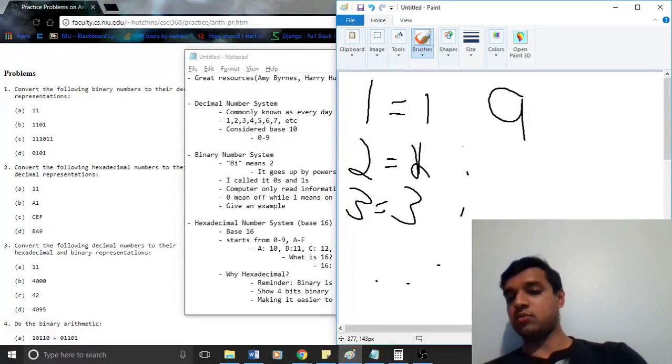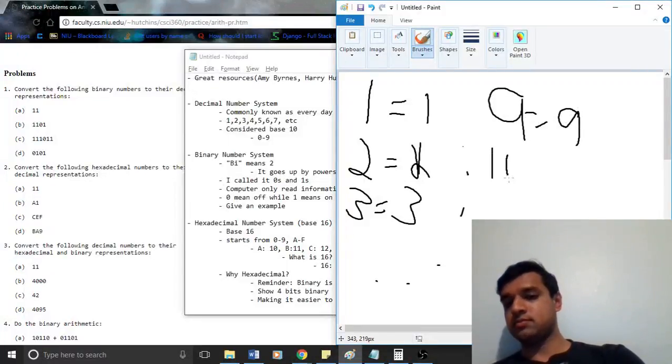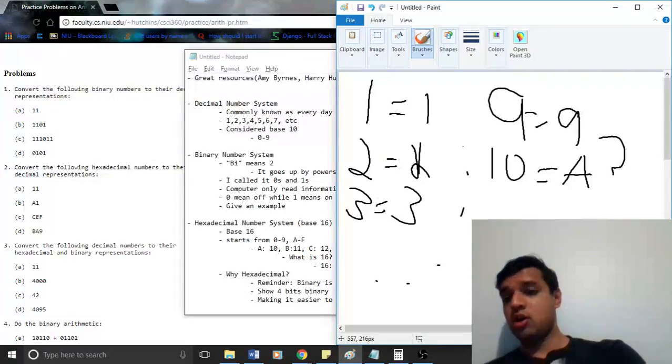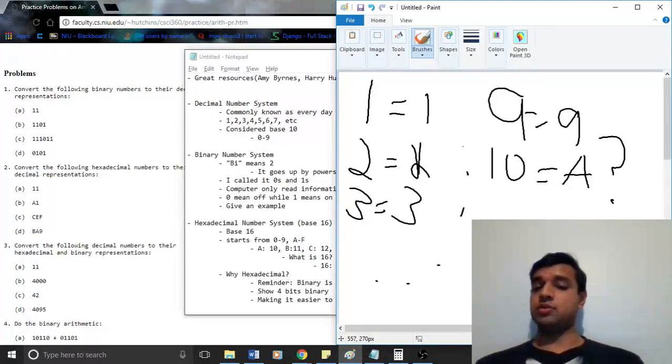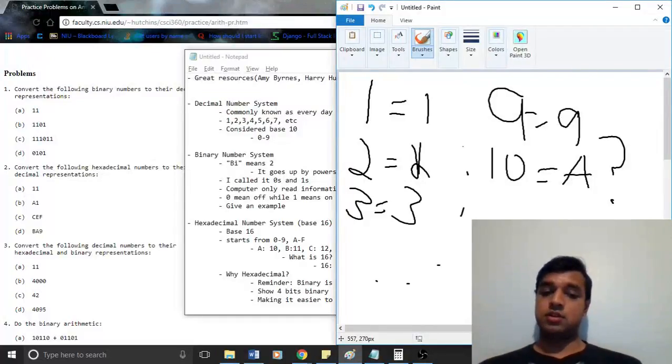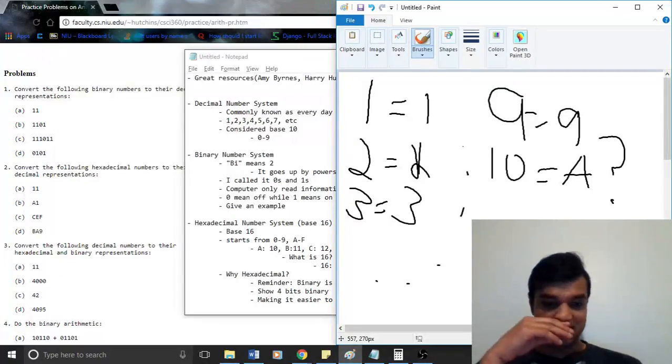And let's go to 9, which is 9. And then when you go to 10, that turns to an A. You're thinking, what in the world just happened? Why is that an A? It's easier for computers to read in hexadecimal representation.